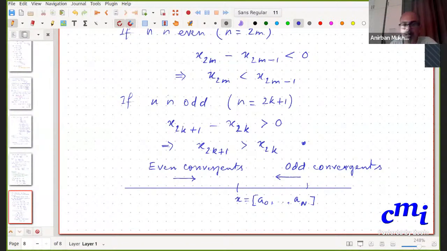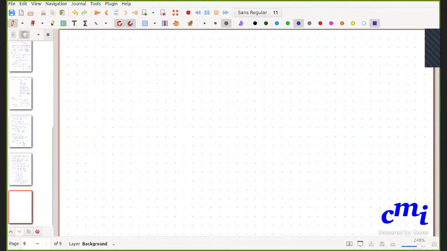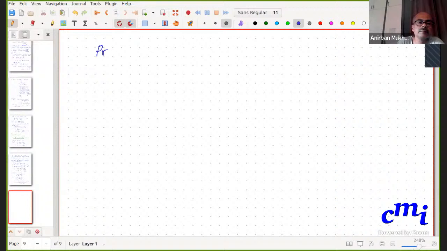Okay, so some simple properties. Some of them I would just mention without proof. So some properties of simple continued fractions, where the entries are all integers.